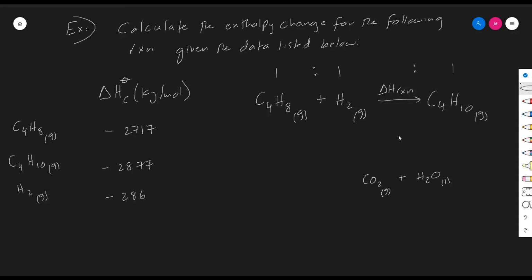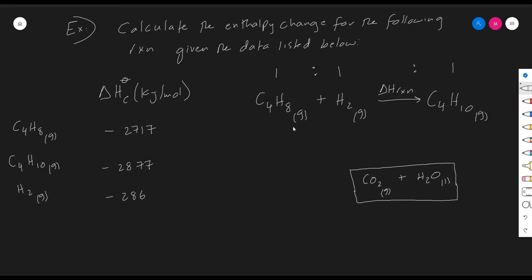Which will involve calculating enthalpy changes of reaction using the third method, which is manipulating chemical equations. Thus, let me continue this example. Since I'm given enthalpy changes of combustion values here for both reactants and products, I place CO2 and H2O at the bottom, which will represent my intermediate to provide an alternative route for the reaction.